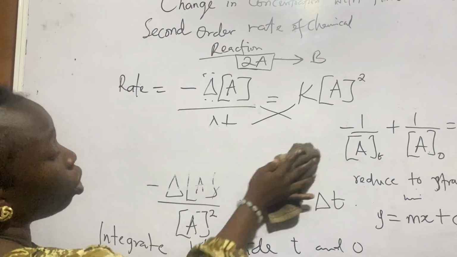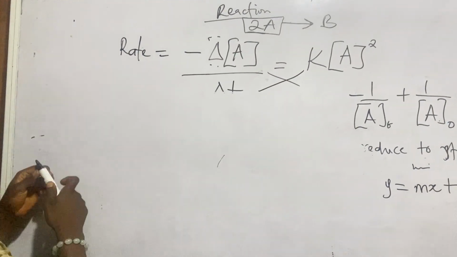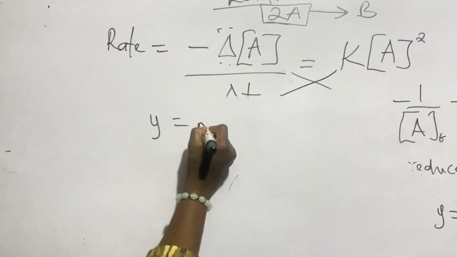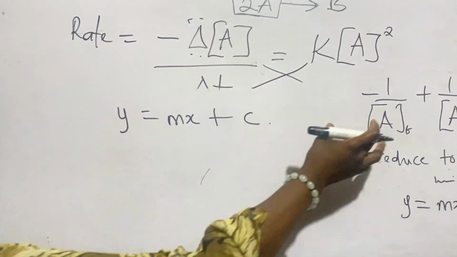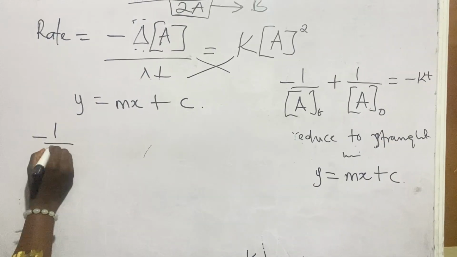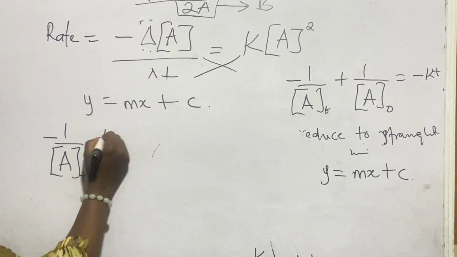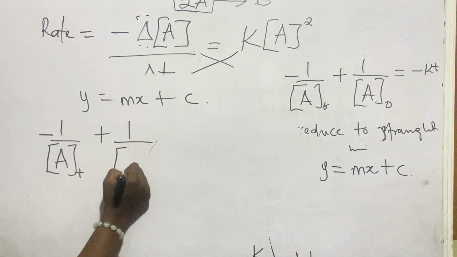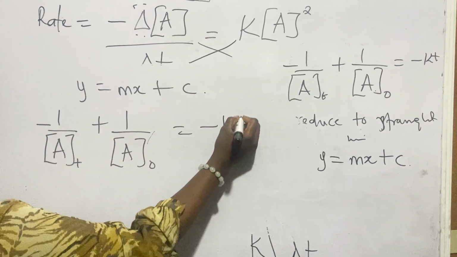Okay, so by the time we clean the board, we apply y equals mx plus c, and thereafter it means we will need to arrange our equation. Minus 1 over concentration at time t plus 1 over concentration of A at time 0 equals minus Kt.